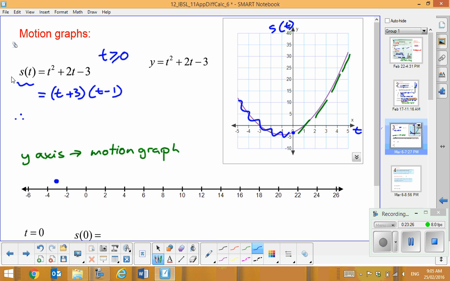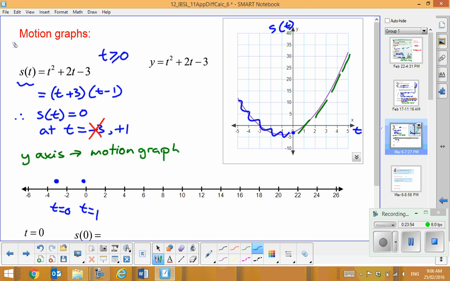So therefore, when is our displacement equal to 0? At time -3 and +1. We don't have negative time, so it's at the origin at 1 second, whatever the units are. So here it is at this position at time equal to 1, and at time equal to 0.